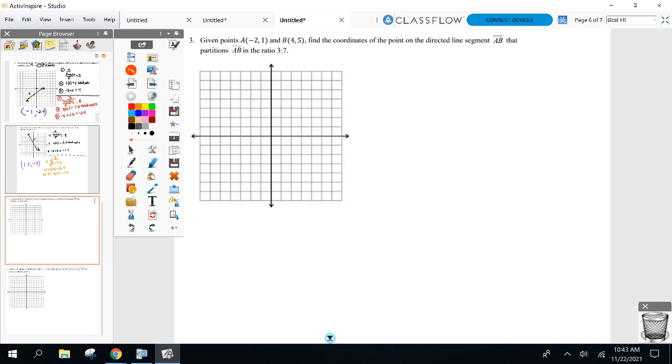So, graphing it makes it easier. This is on the quiz tomorrow. 2 questions. 2 dividing up the line segment questions, correct. I believe it's in the 30s. It will be 34 points.